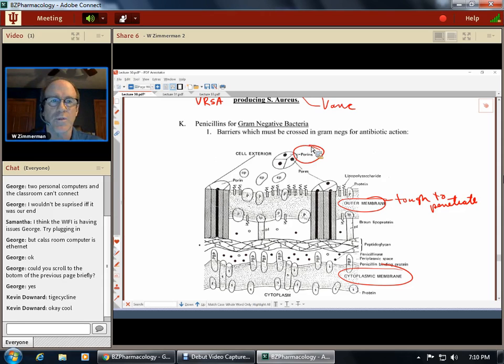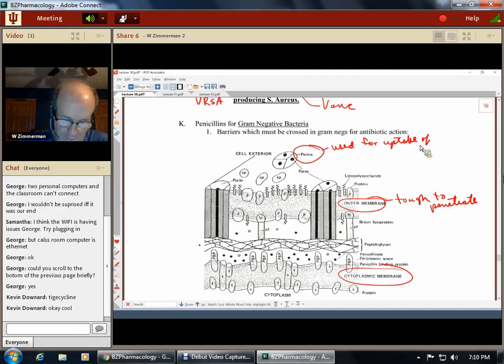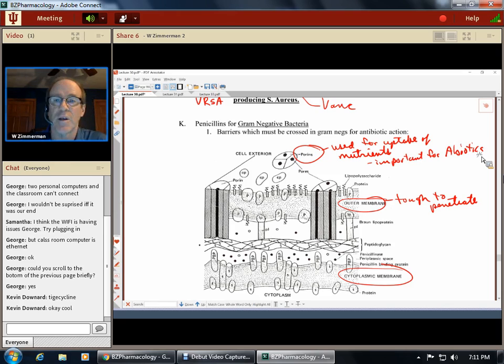And those porins are holes in the membrane to allow nutrients to gain access. So they're used for uptake of nutrients. That's important for the antibiotics. We think that's how they get in, at least in most cases.